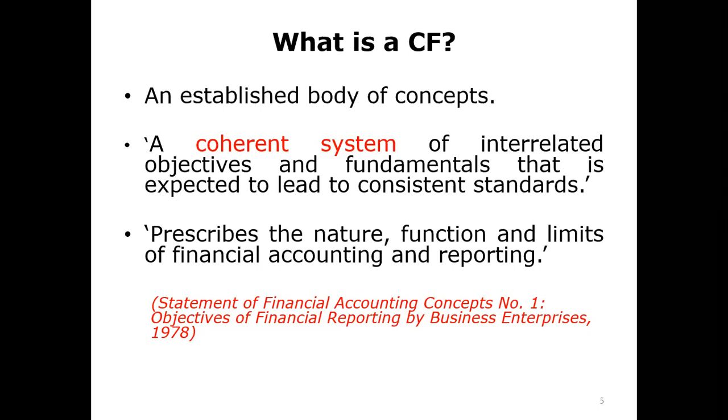At that time, in fact, there were like 12 objectives. But if you take today's context, when it comes to the objective of the conceptual framework, basically we have one overriding objective. But at that time, they had identified about 12 objectives. So therefore, they are talking about these interrelated objectives, right?